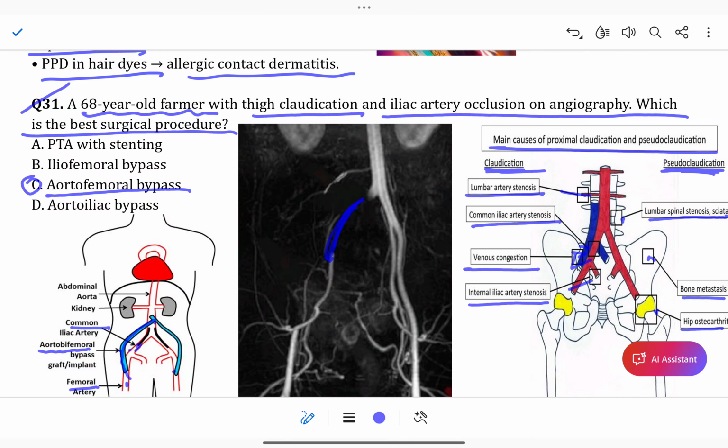Axillofemoral is for high risk patients. So the answer to question 31 is aortofemoral bypass, as the occlusion here is most commonly of the common iliac artery. So the option is C.